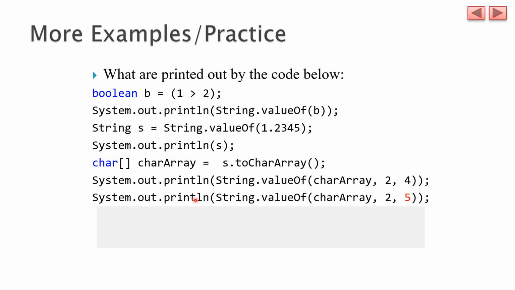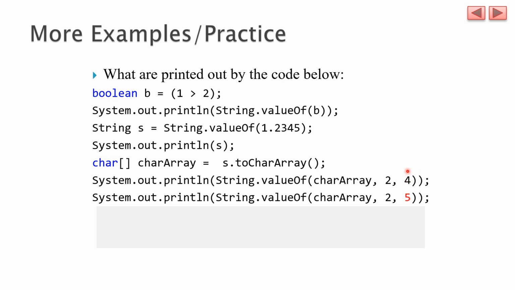And then the last two println statements print out the valueOf method call with the 3-argument version. These calls use the char array and pass 2 as the second argument. The last argument is either 4 or 5.